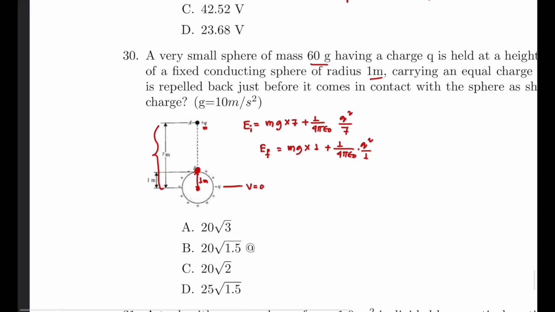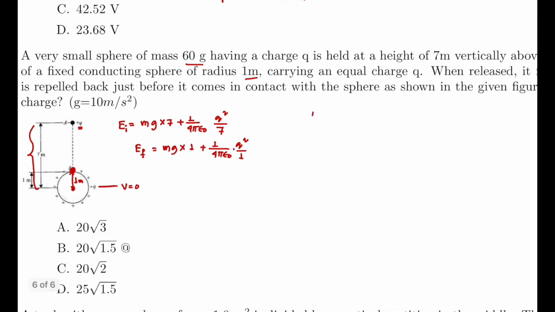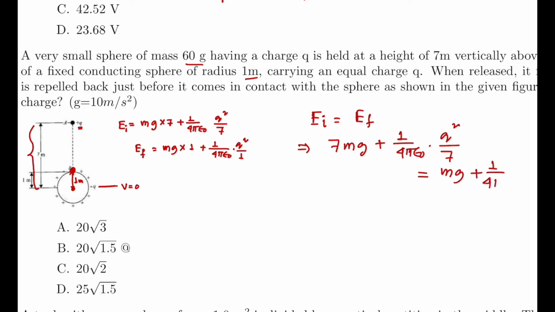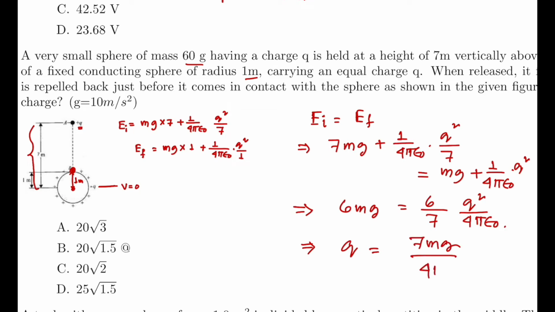Now using the energy conservation rule, you will get 7 mg plus 1 by 4 pi epsilon naught Q square by 7 must be equal to mg plus 1 by 4 pi epsilon naught Q square, and if you simplify, you will have 6 mg equals 6 by 7 Q square by 4 pi epsilon naught, and you find out Q as 7 mg by 4 pi epsilon naught, square root.